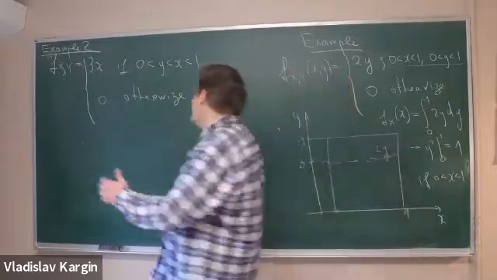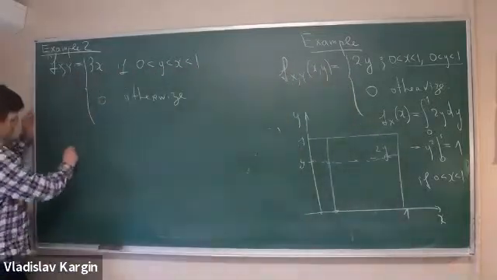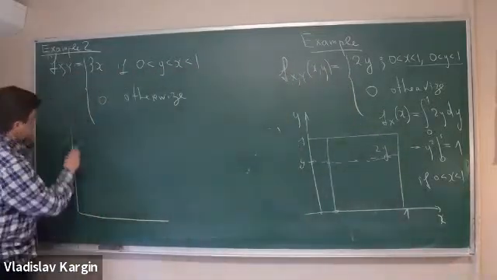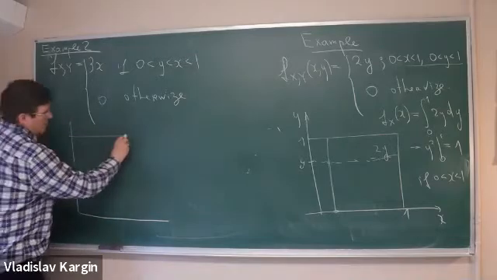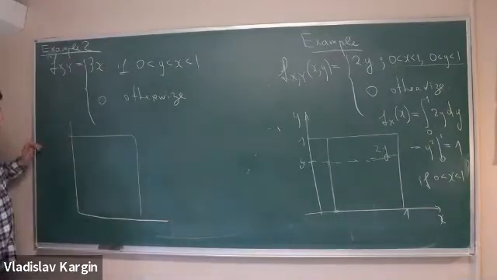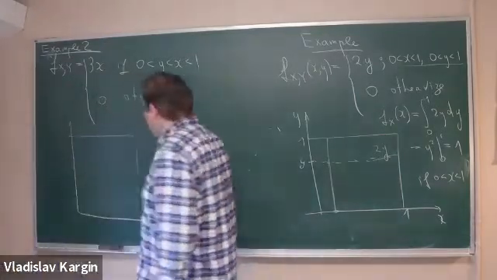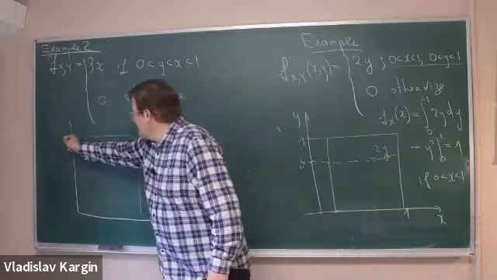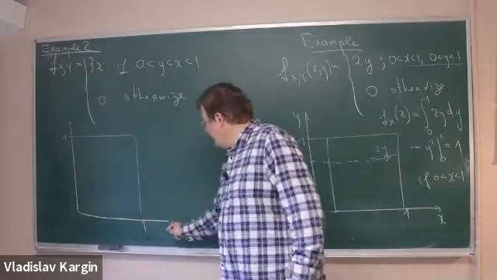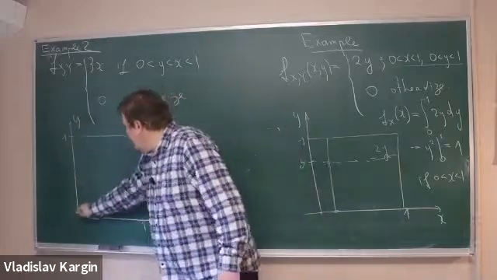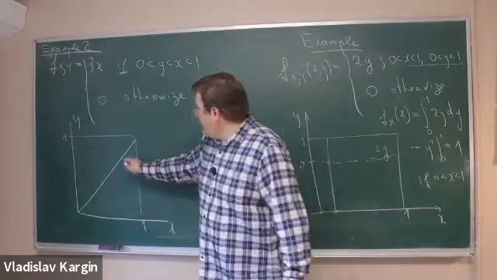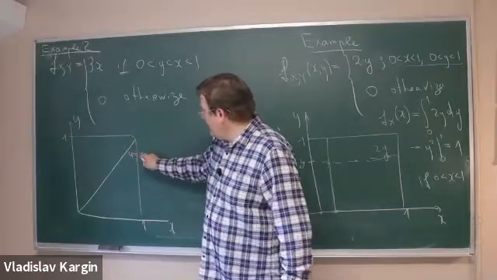And so now, what was our picture here? Okay, so the picture was like that. So it's 1, 1, x, y. Here was the line y is equal to x, right?